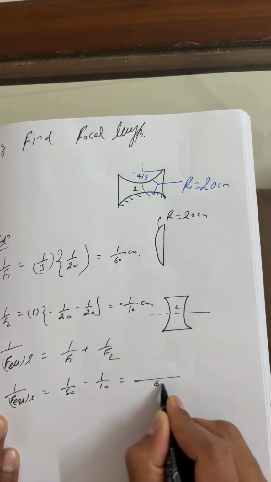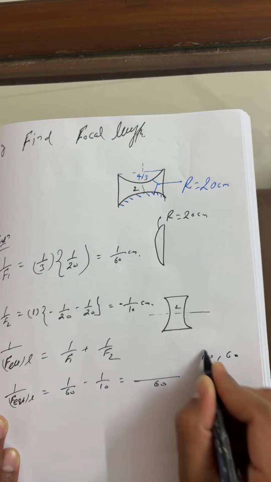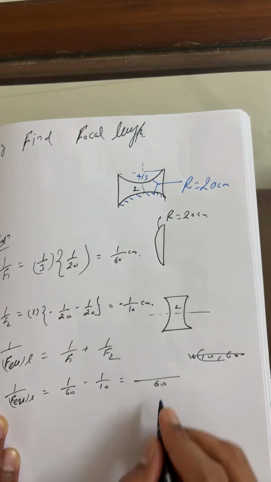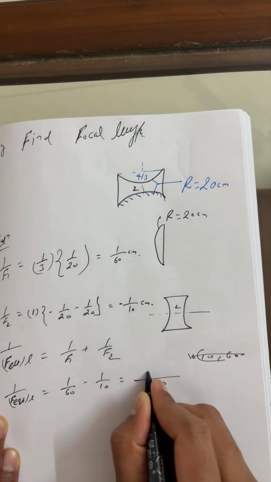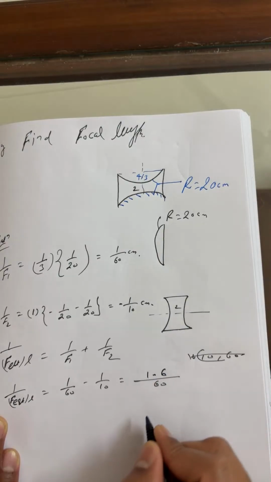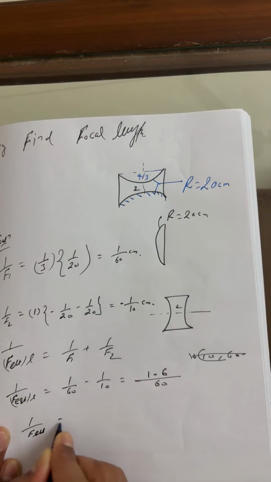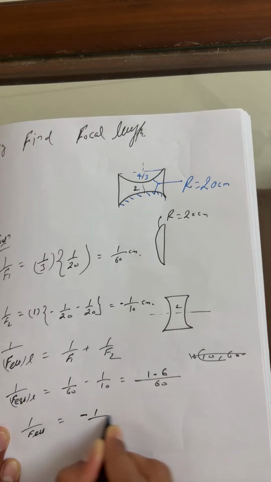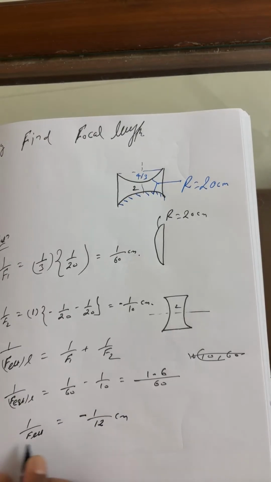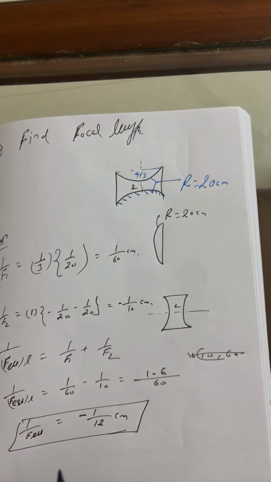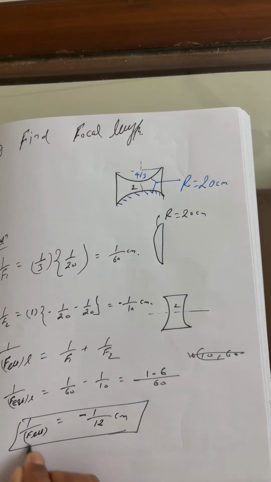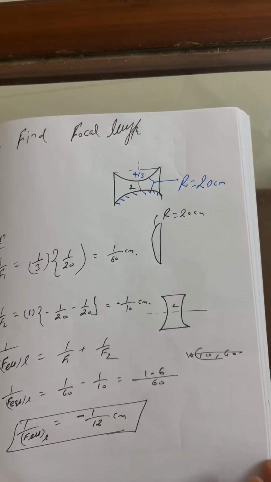So this is 1 minus 6. So you can say 1 upon f equivalent equals minus 1 by 12 centimeter. This is the f equivalent which I calculated for the lens only. Keep it in your mind.